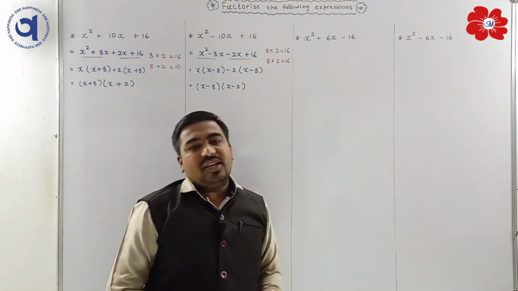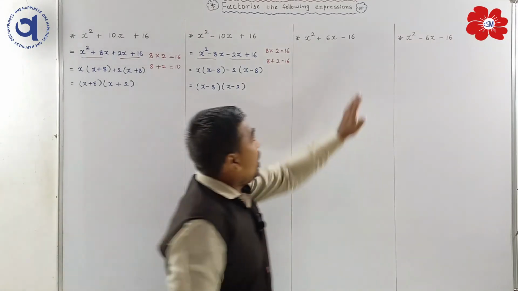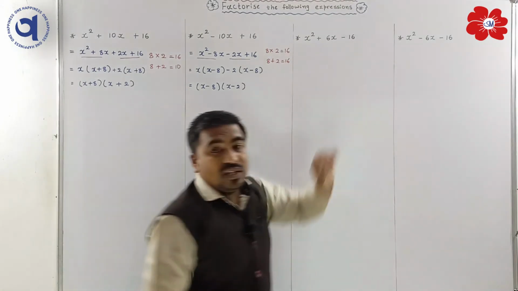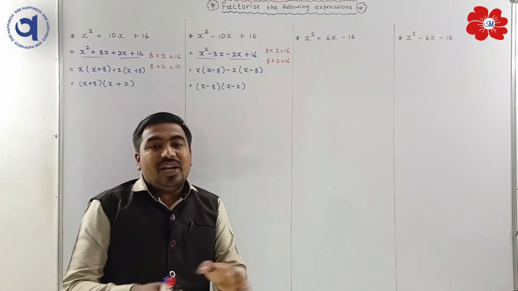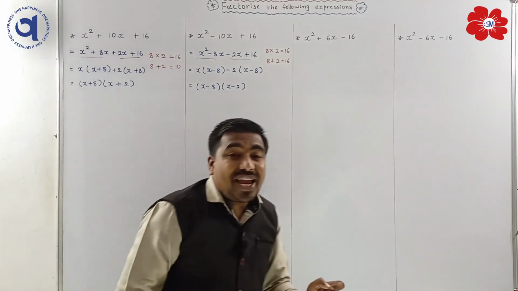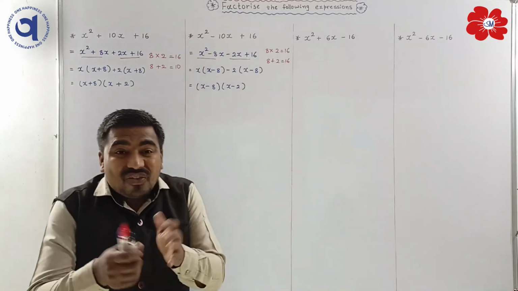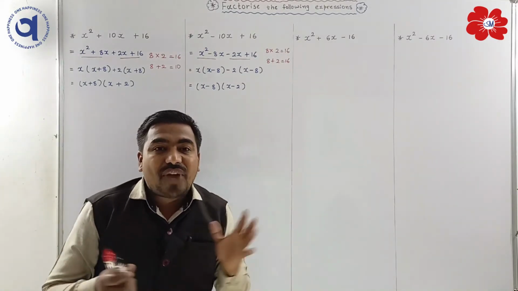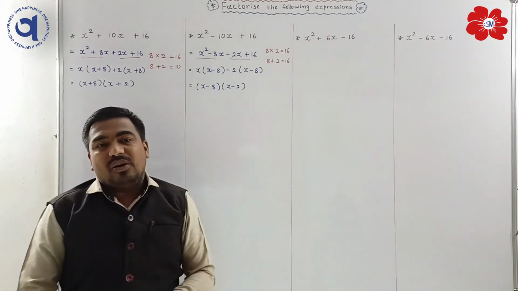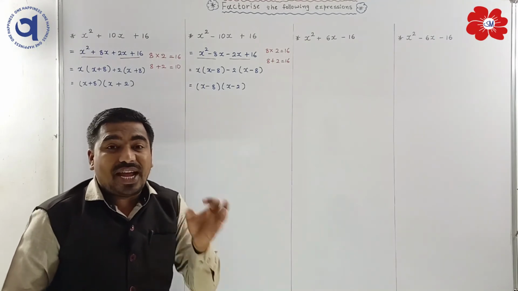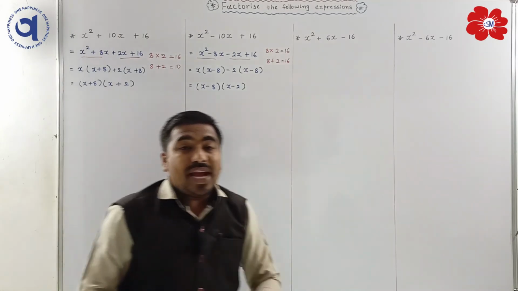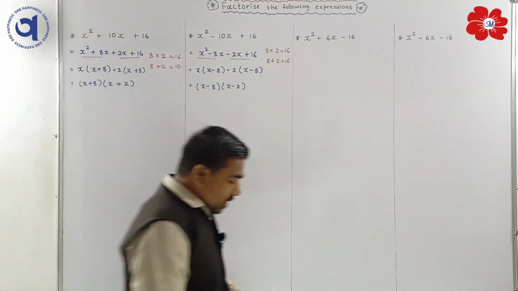We have to factorize 16, but keep in mind, whenever the last sign is minus, we subtract the factors and we get the middle term.